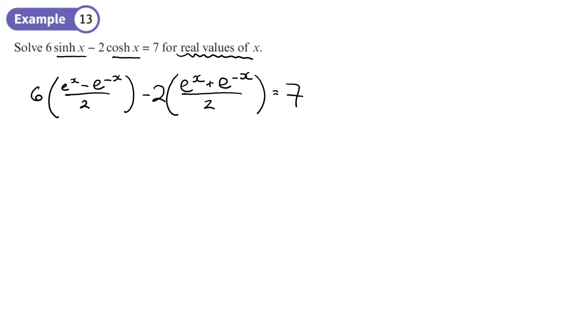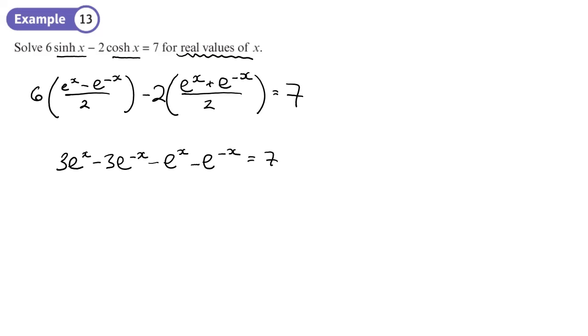So if I times the first fraction by 6, I will get 3e to the x minus 3e to the minus x. Then the second fraction, if I times it by negative 2, then there's a negative 2 at the bottom. They'll cancel out, so I'll just end up with negative e to the x minus e to the minus x equals 7.